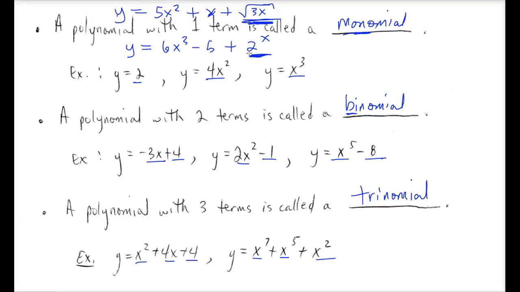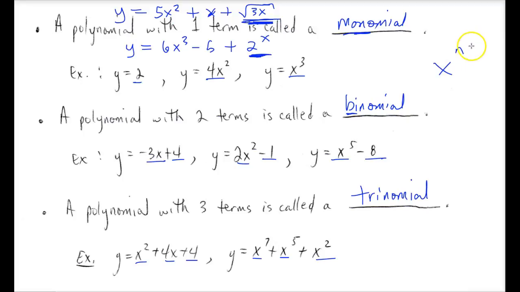Okay, so we know that a polynomial is the sum of a bunch of power functions, or functions that look like this, variable raised to a fixed number, where this particular number here would be a positive integer. So like 1, 2, 3, 4, 5, 6, something like that.